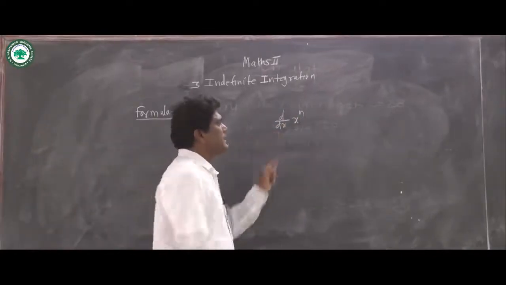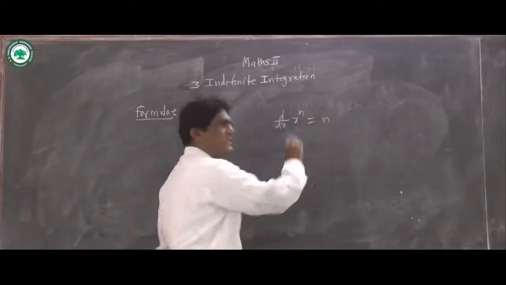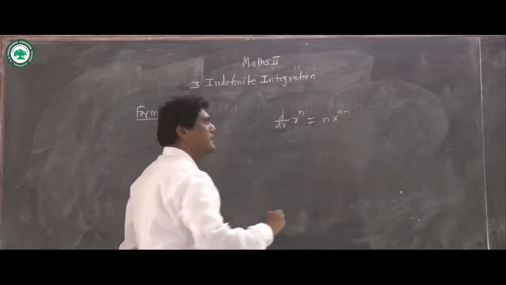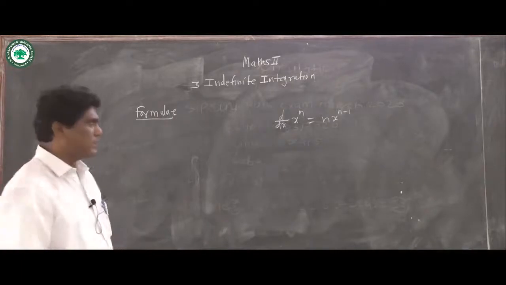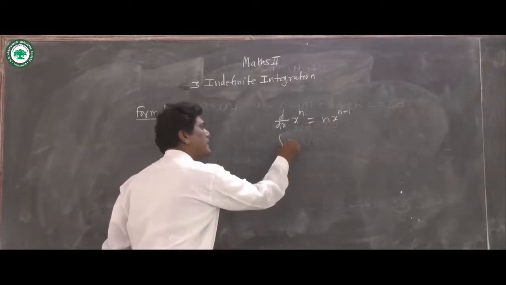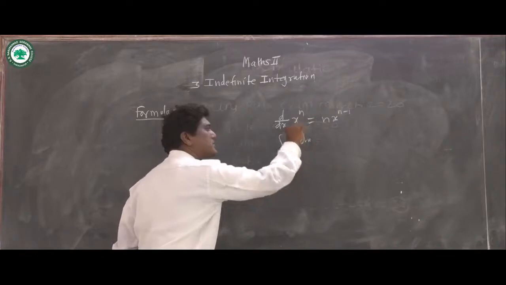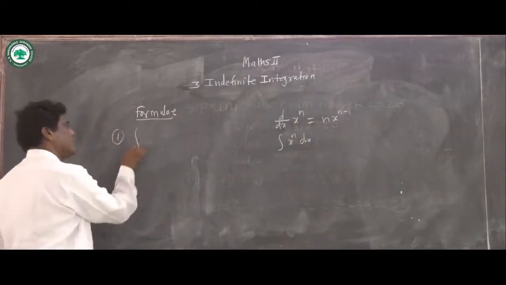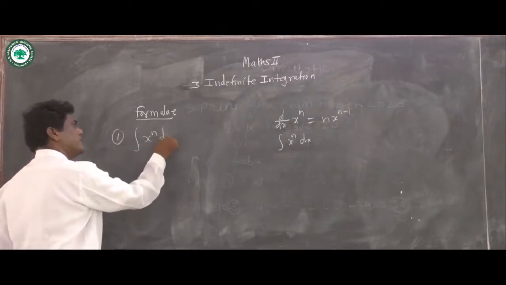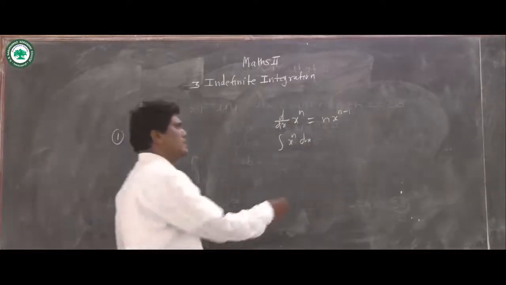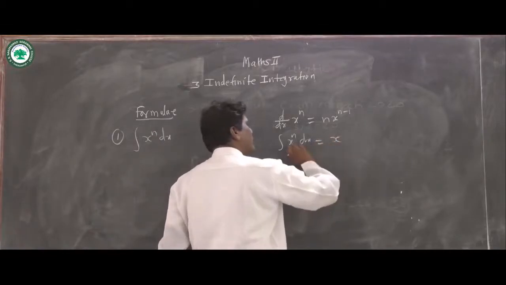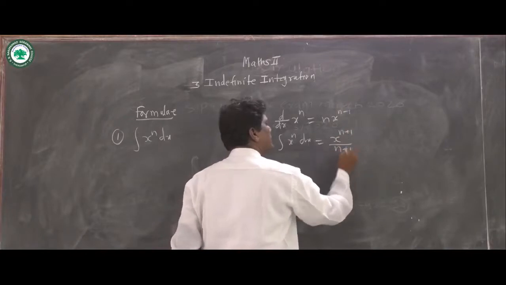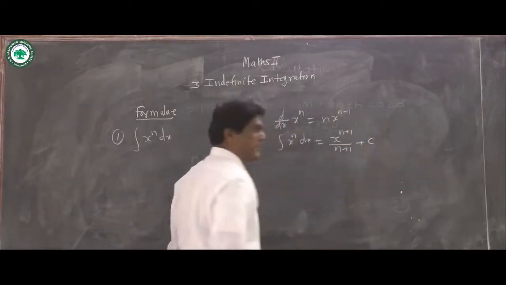Here we take n as a coefficient and x to the power n minus 1, we decrease the power by 1. Now what is the integration of x to the power n dx? The first formula is integration of x to the power n dx is equal to x to the power n plus 1 divided by n plus 1, plus the constant of integration.